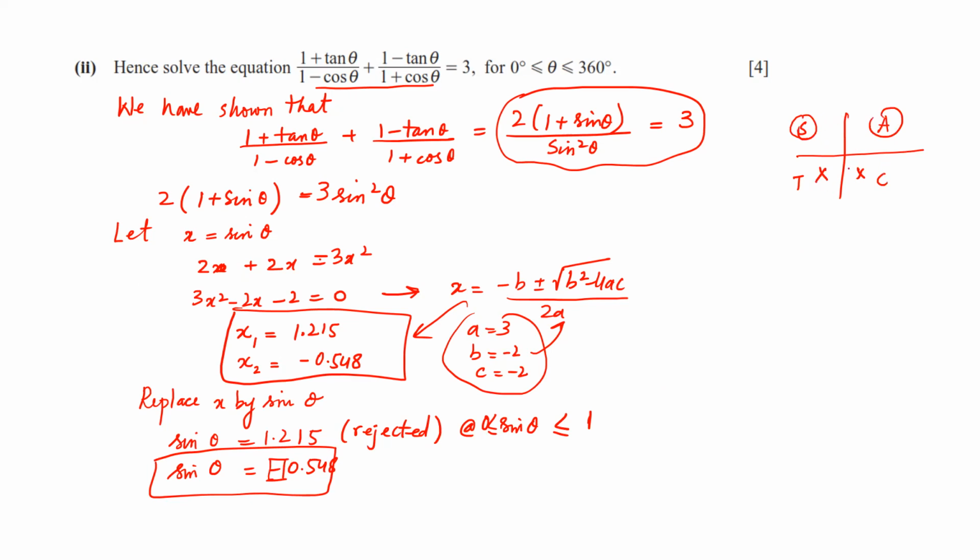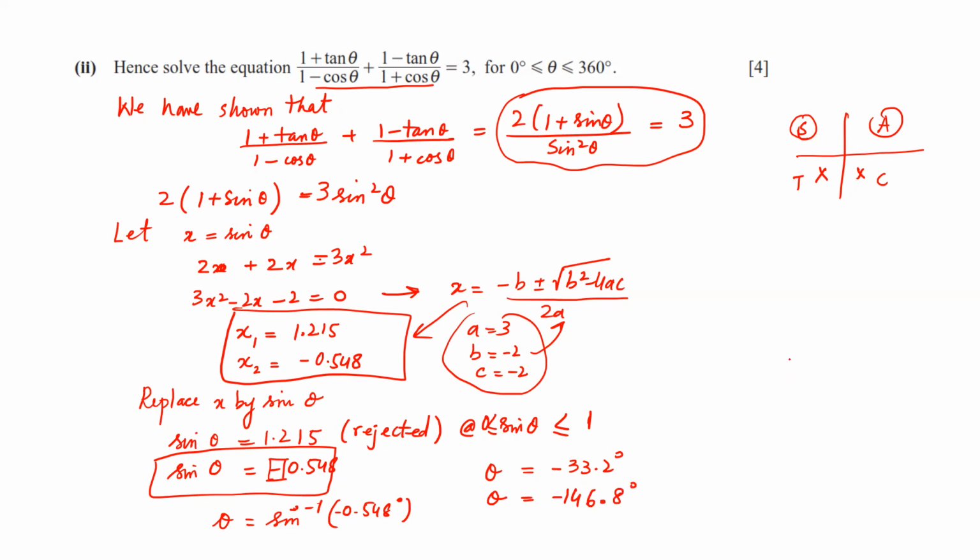The two angles will be lying somewhere here. So theta is equal to sine inverse of minus 0.548 degrees. So theta becomes equal to minus 33.2 degrees and theta equals minus 146.8 degrees.